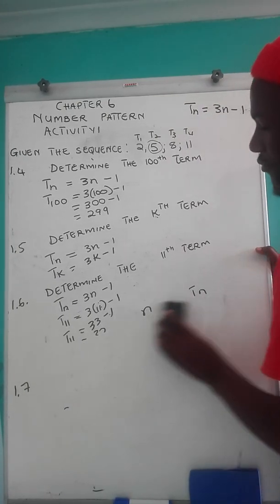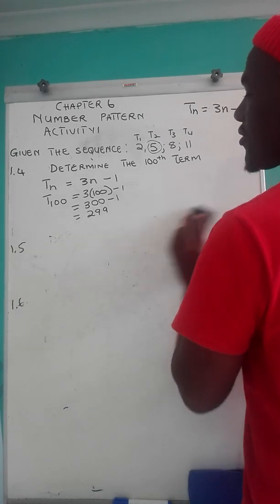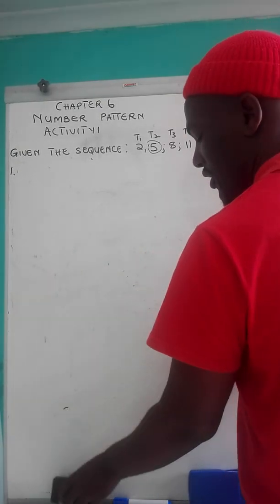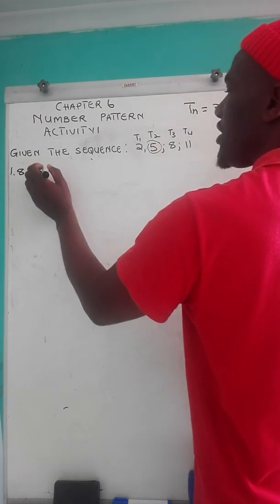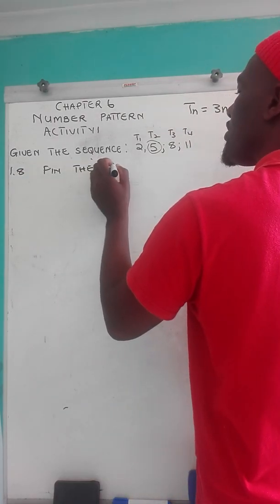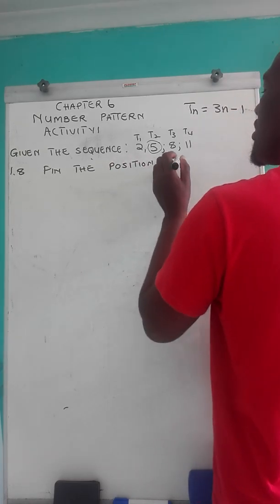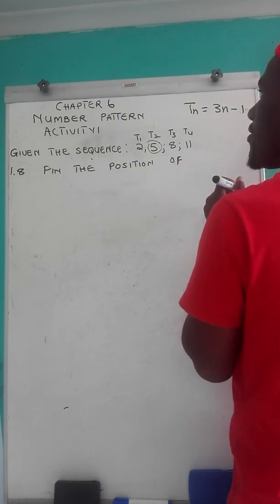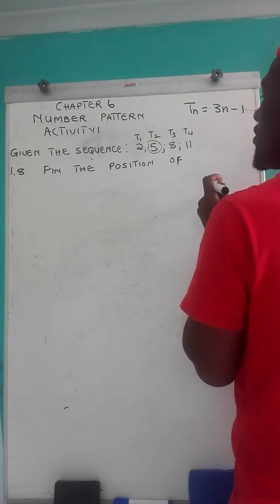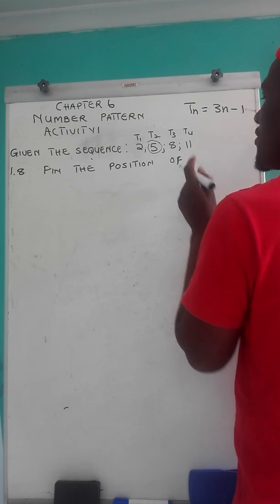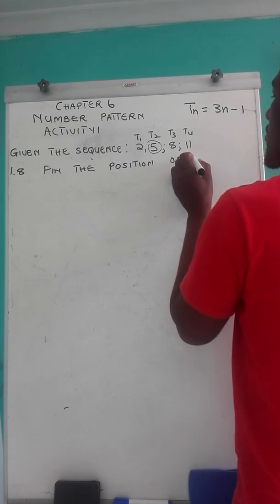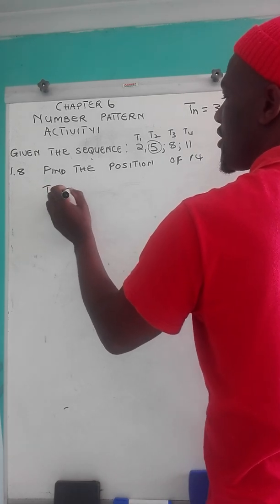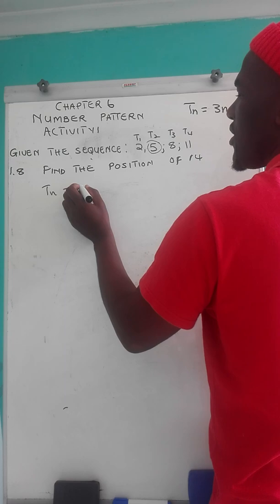1.8. Find the position of 14. Tn is equal to 3n minus 1.